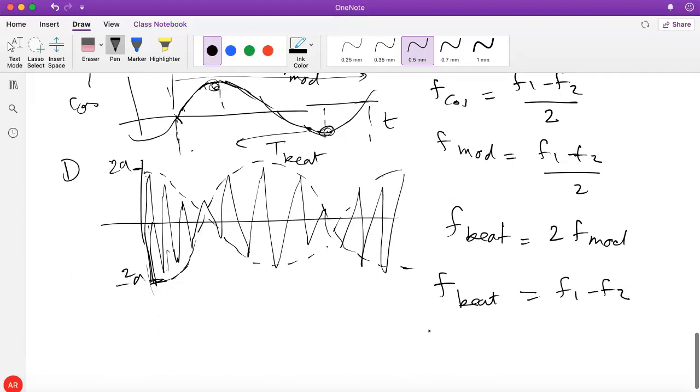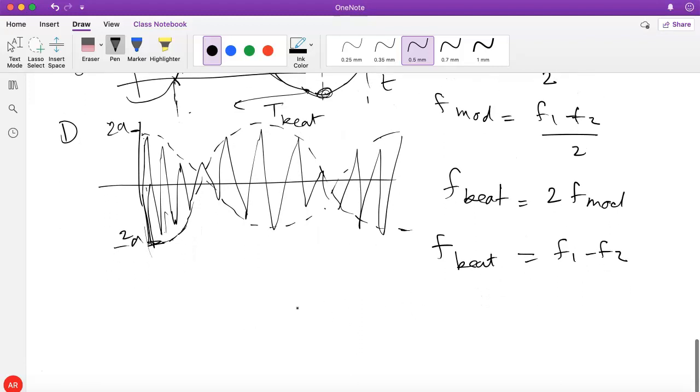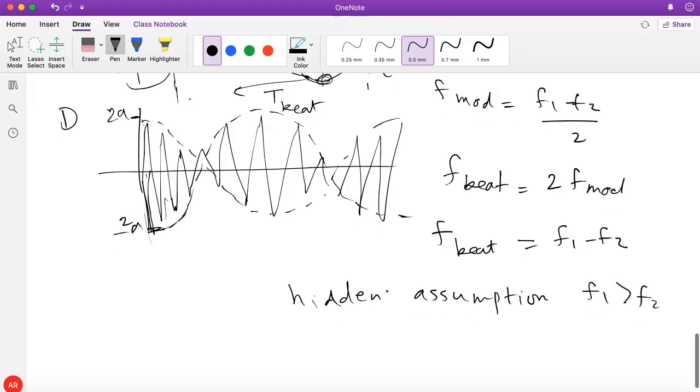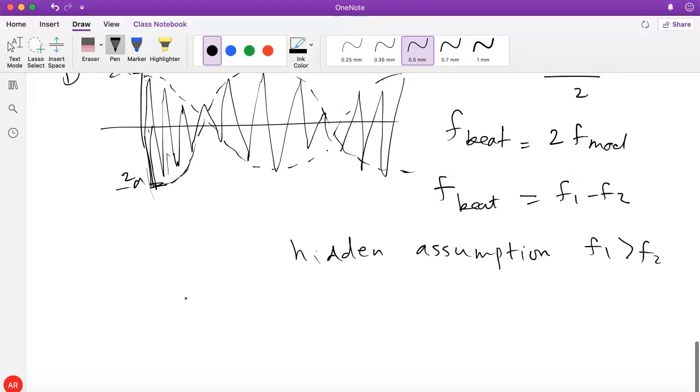Here I assumed, we had a hidden assumption, that f1 is larger than f2. So the most general case is, call the one that's bigger f1. Then we're going to get a positive number for this beat frequency, which is the absolute value of f1 minus f2.